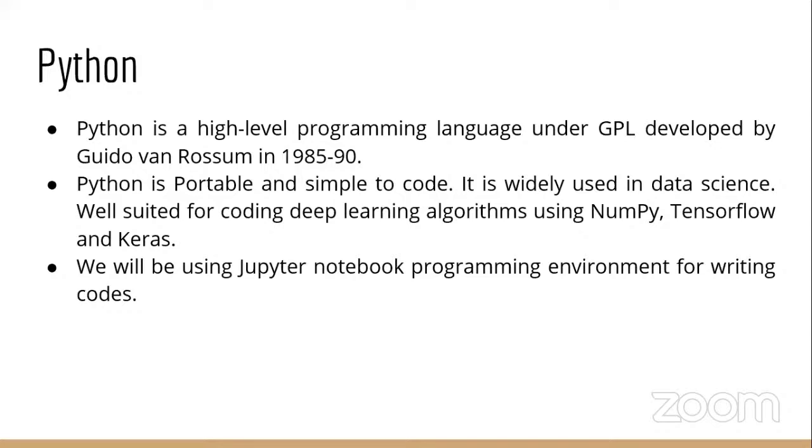Python is a high-level programming language developed in 1985 to 1990. It is a simple and portable language which allows you to incorporate multiple utilities or packages like NumPy, TensorFlow, Keras, PyTorch, and a number of other packages. In this session, we will use Jupyter Notebook or Google Collaboratory to write the codes.